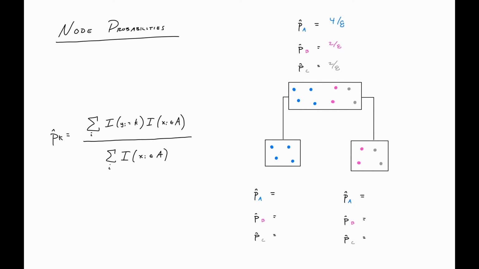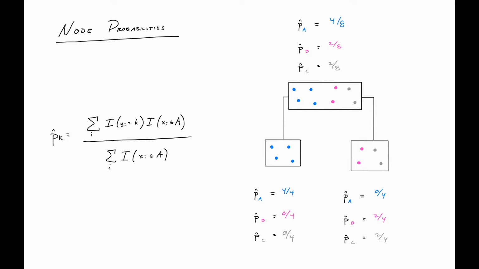Okay, but now let's say we split this. That seems to be a split right down the middle there. So this new node on the left seems to be all blue, so no surprises here. We're not going to estimate any probability for pink or gray. And then similarly in the right node, there's no blue in there, but then 2/4 for pink and 2/4 for gray.